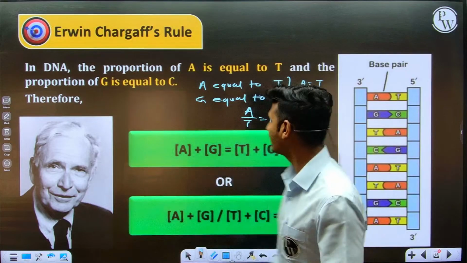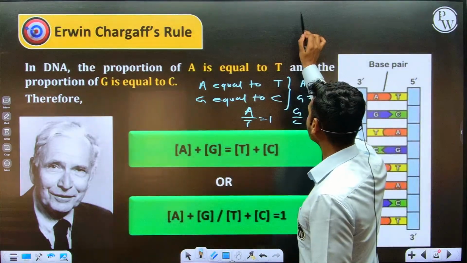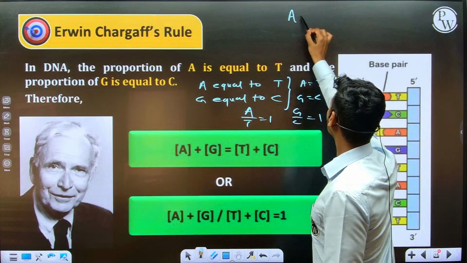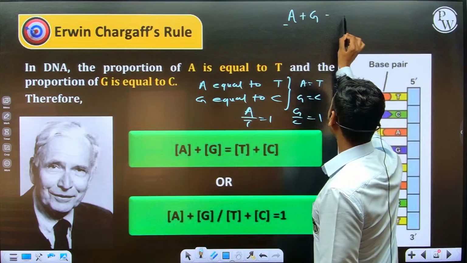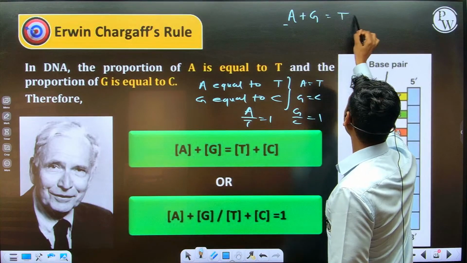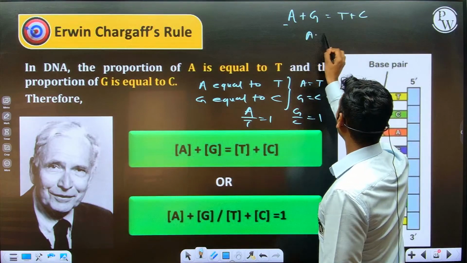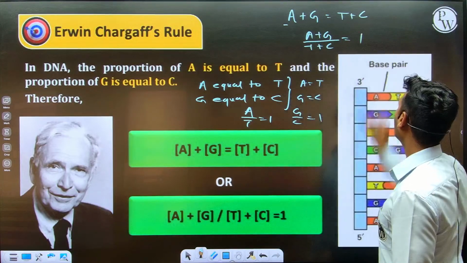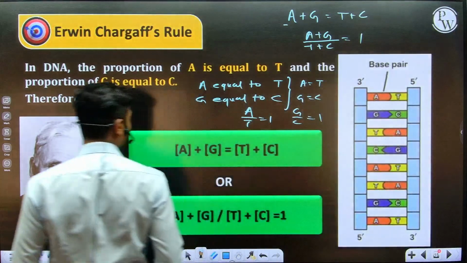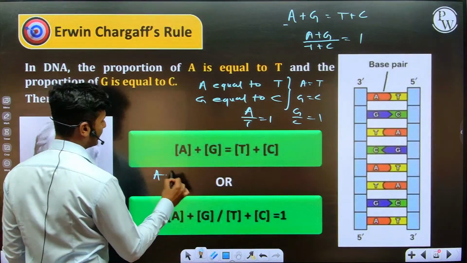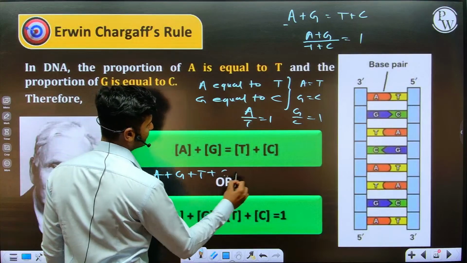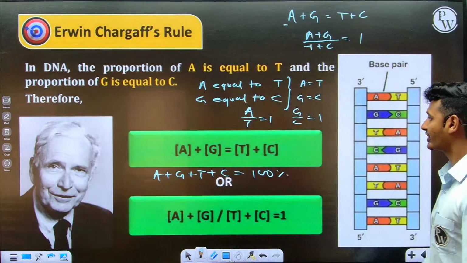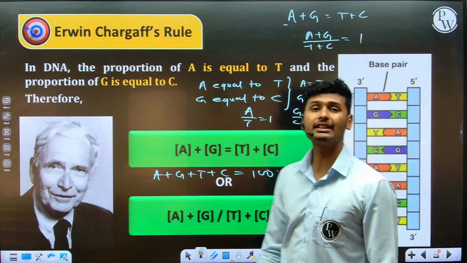Another meaning of Chargaff's rule is that A plus G is always equal to T plus C, so A plus G upon T plus C equals 1. Another meaning is that A plus G plus T plus C equals 100% of the DNA's nitrogen bases.